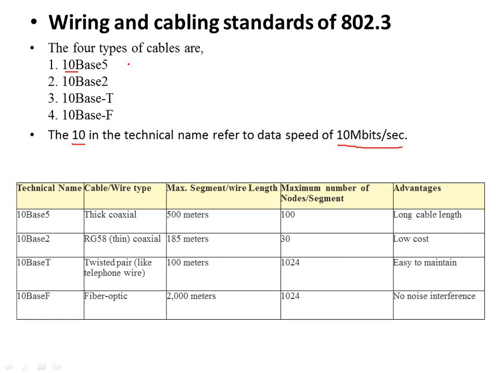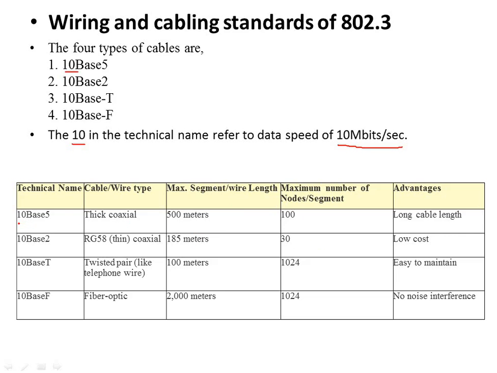But here for a basic or standard Ethernet, the speed is 10 megabits per second. And base 5, base 2, base T and base F are related to the different types of cables that you are utilizing, and they are also associated with different characteristics.